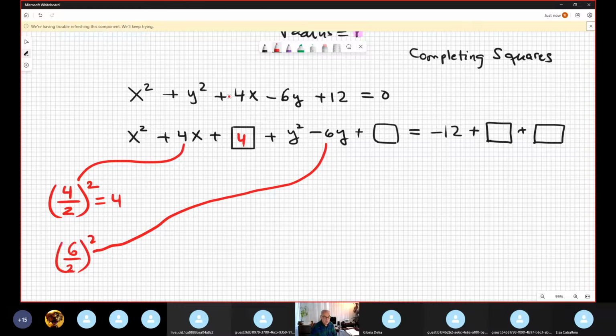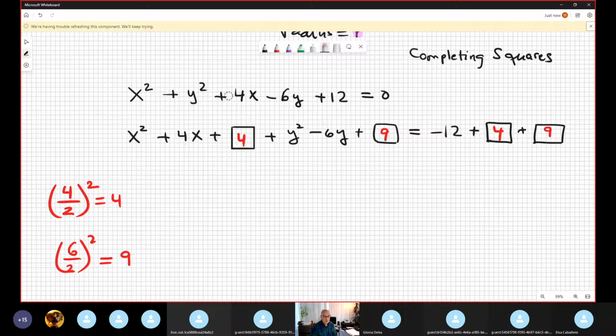I don't care about the sign; the sign is not important. You take the absolute value, 6. 6 divided by 2 is 3, and 3 squared is 9. Now the magic number in the y part is 9. In order to keep the equilibrium of the equation, you put 4 and 9 on both sides, because remember, 4 and 9 are the magic numbers that you introduce artificially into my equation in order to complete the square.